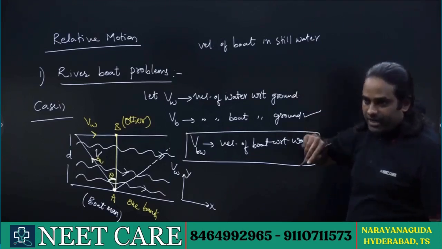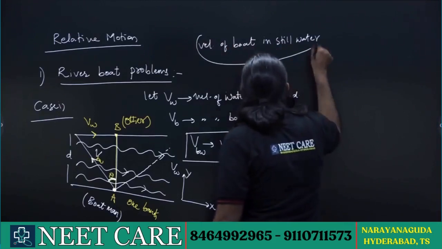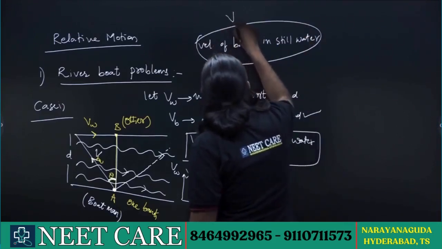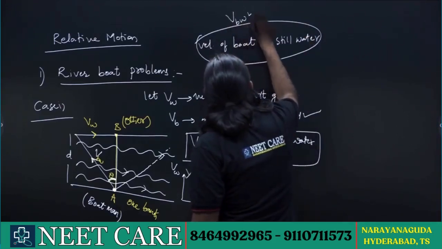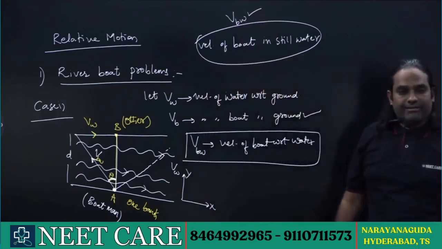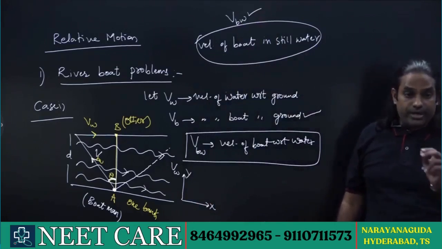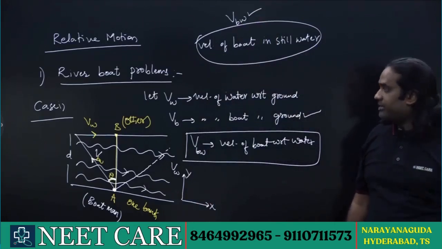Actually, if you are given velocity of boat in still water, this will be VBW. All the time remember this. This is a very important note. If you are given any velocity of the boat in still water, that will be VBW, but not VB.